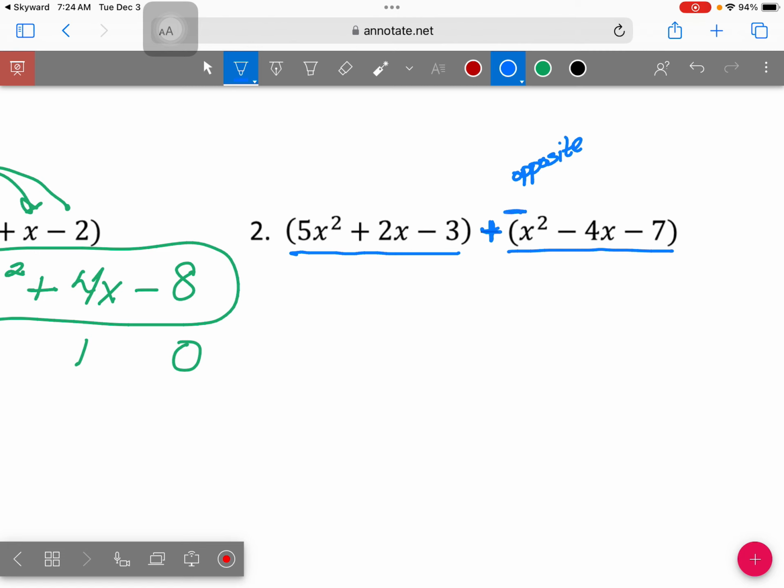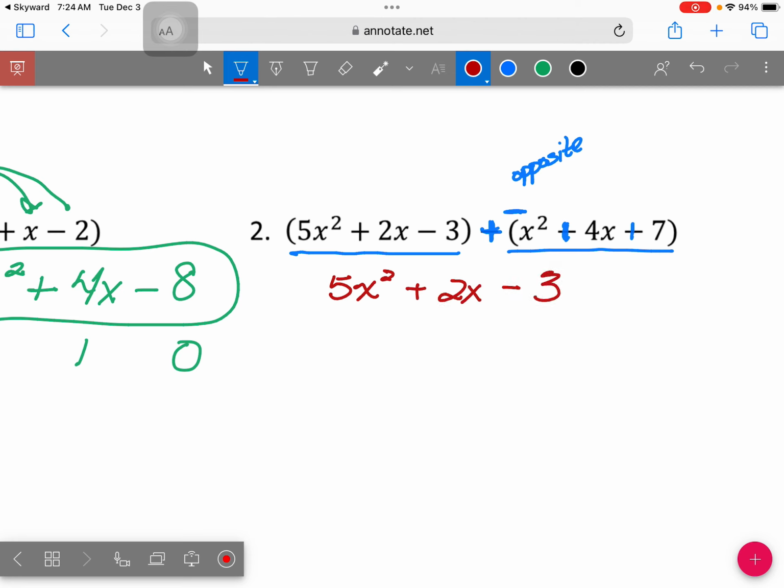What was a negative 4x becomes a positive, and what was negative 7 becomes positive 7. All right, so we keep the first all the same. You don't change anything in that first polynomial. So that is 5x squared plus 2x minus 3.